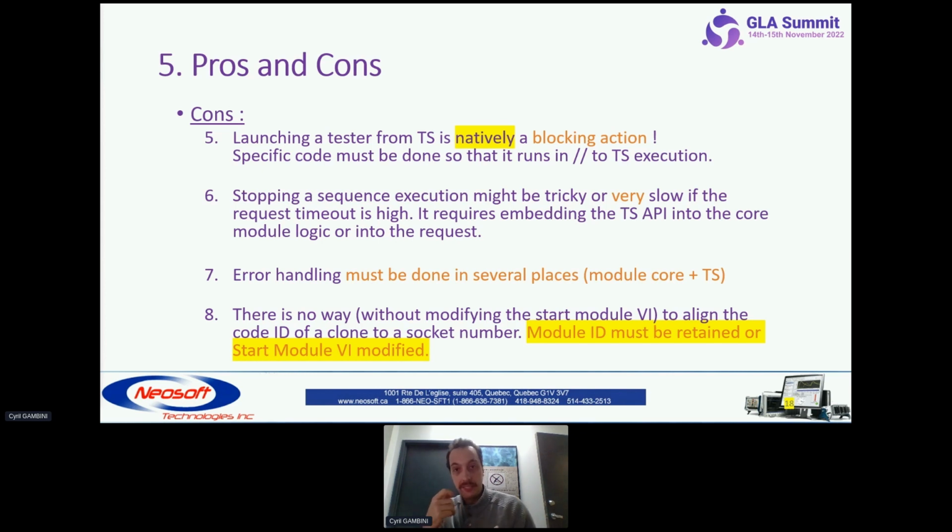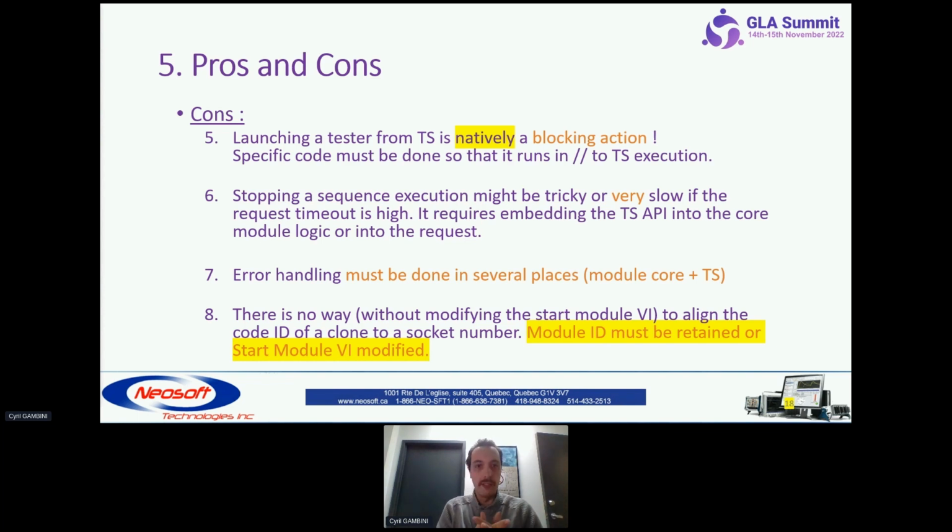So you really need some sort of monitoring to stop the execution. Otherwise, you will have to wait until the request is done to really stop the test execution. So this can lead to frustration if you have very slow actions that need to be performed in your module.